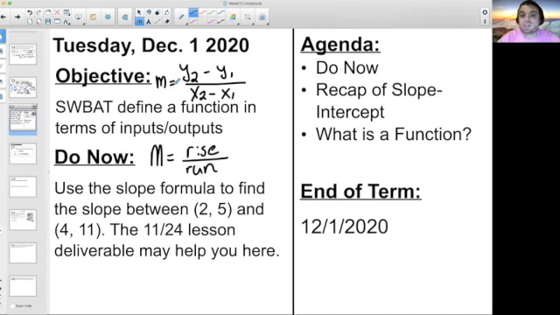Okay, that is the slope formula. If you have 2 points, x1, y1, and x2, y2, it does not matter which one you label as which. I will label this as x1, this is y1, this is x2, and this is y2.